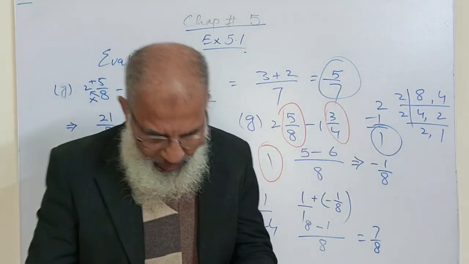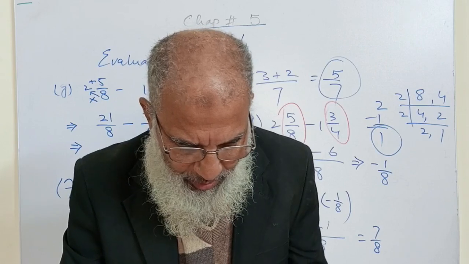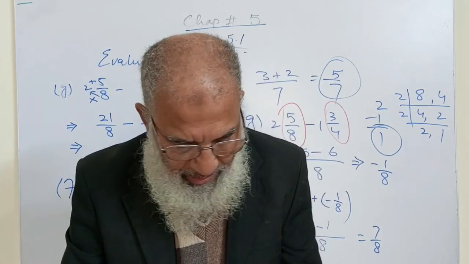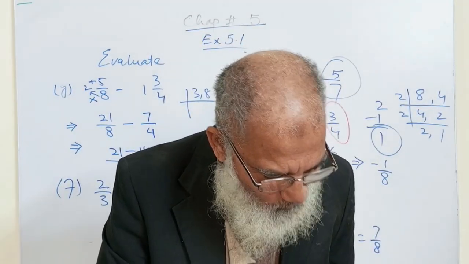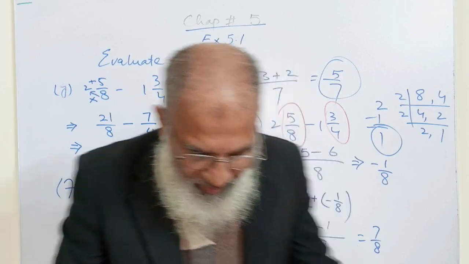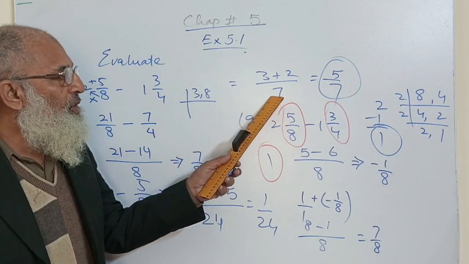So the rest of the questions are very easy. Hope that you will find no difficulty in solving these questions. Now let me proceed to question number 2. Here we find the question with common denominators.